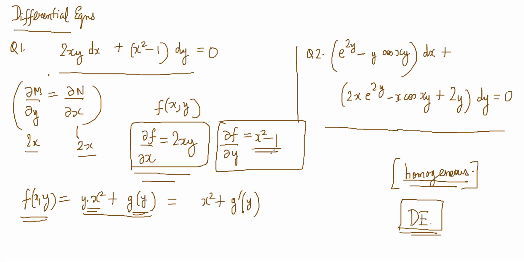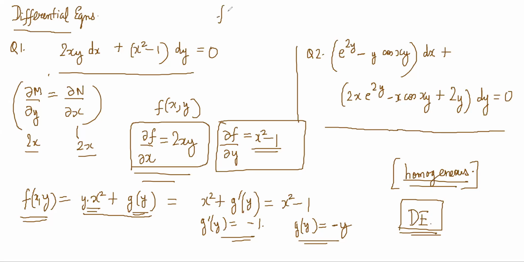So this is equal to x square minus 1. So you get g dash y equal to minus 1, and therefore g of y is equal to minus y. This is dou by dou y, which is minus 1, so g of y is minus y. Once you get that, you put that in this equation.